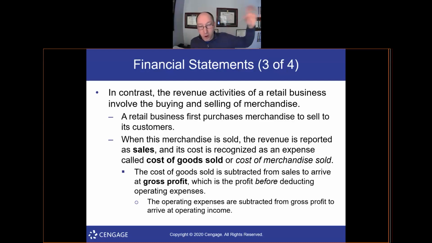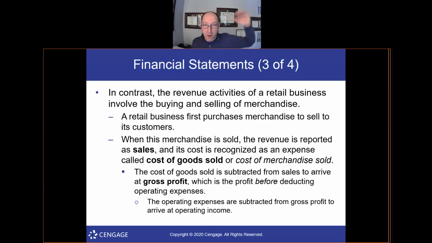It's always going to be in that order. So the formula is sales minus cost of goods sold equals gross profit, minus operating expenses equals operating income.